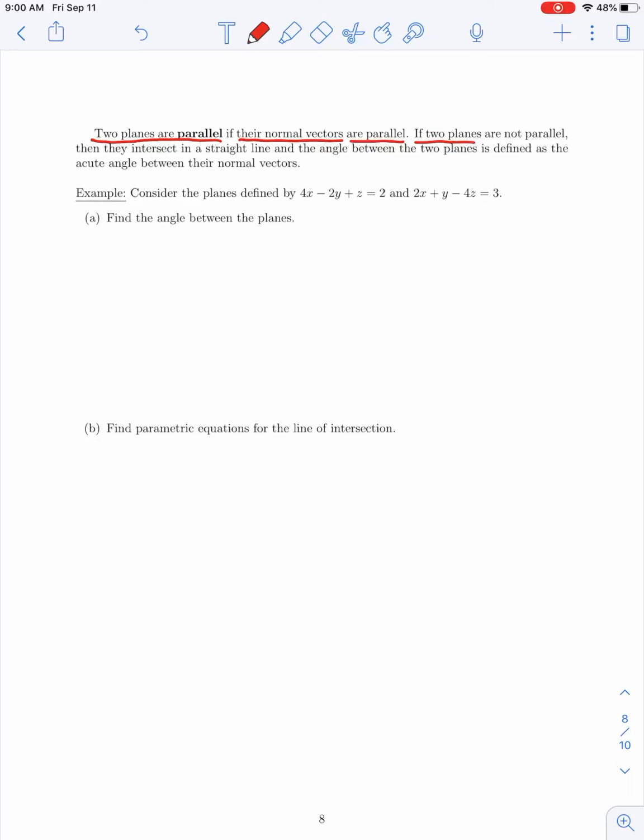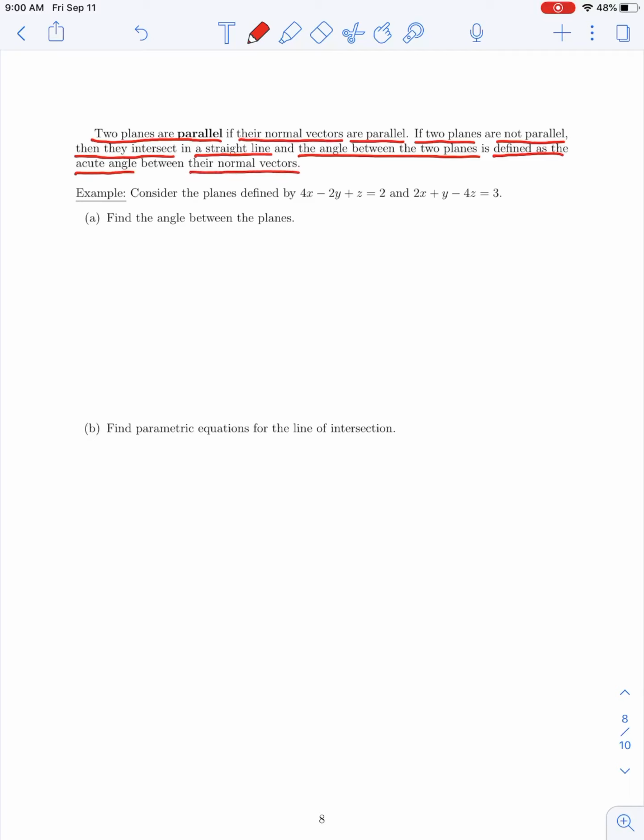Now, in the event that two planes are not parallel, then they intersect one another in a straight line, and we might be interested in the angle between two intersecting planes, which will be defined as the acute angle between their normal vectors.